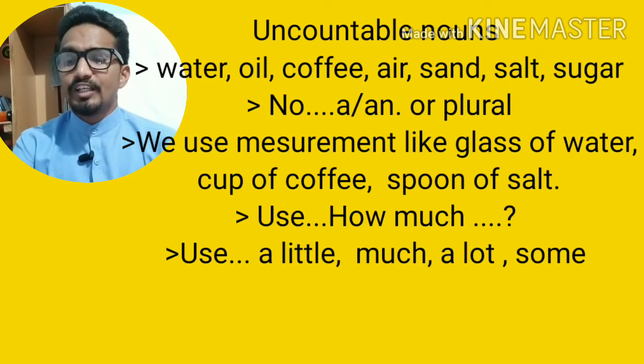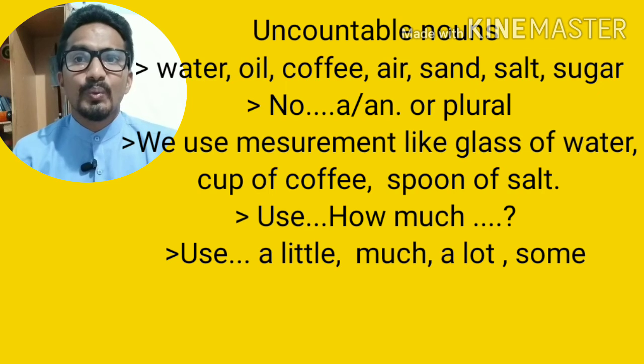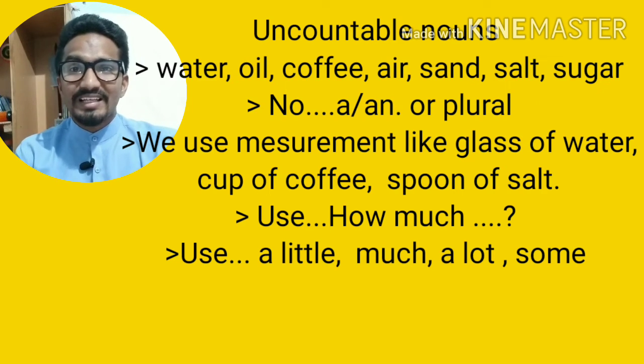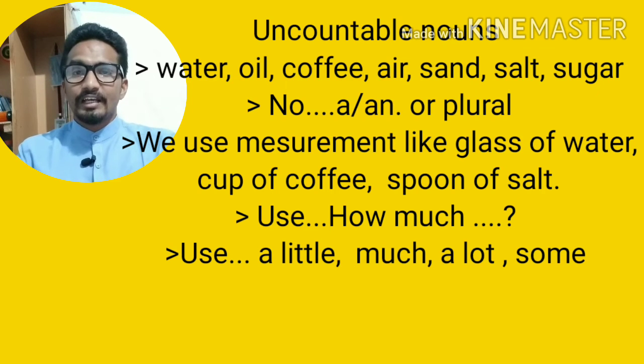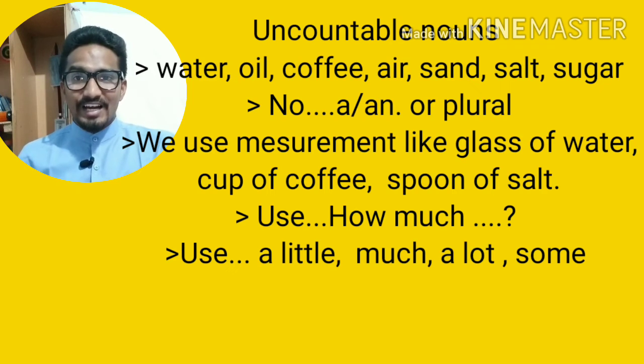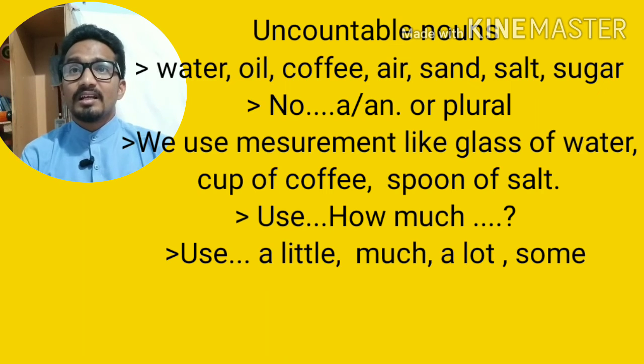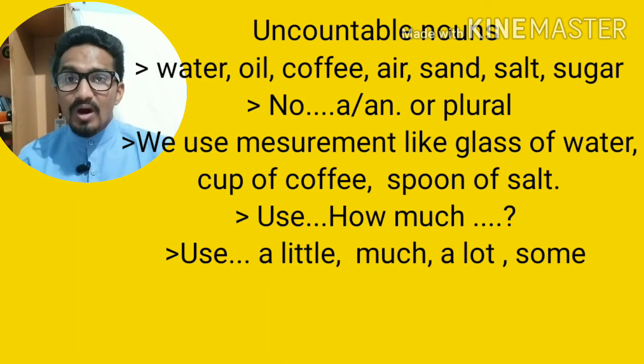Let's come back. To express countable noun, we use a few, and a little for uncountable noun. A few things I have, whereas a little I have for uncountable noun. Again, to express a larger number or amount, we can say for countable noun many, and a lot of. Many books I have, whereas much water I have.